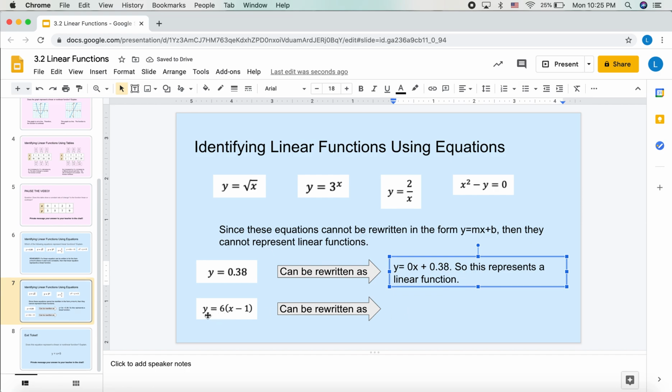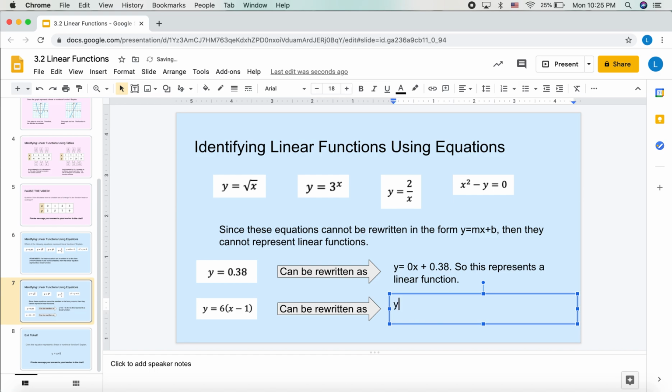And similarly with y equals 6 times (x minus 1), we can use the distributive property to distribute this 6, and that will give us 6 times x, which is 6x, and 6 times negative 1 will give us a minus 6. Keep in mind here, m equals 6 in this case, and b equals negative 6.